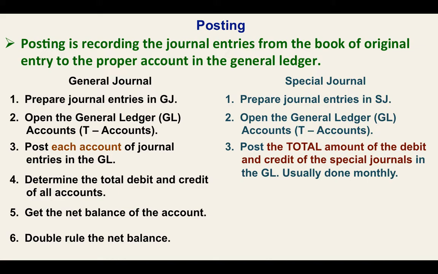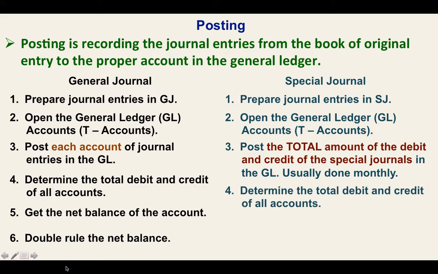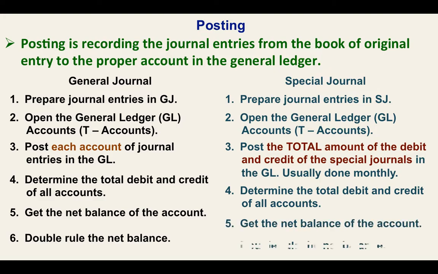However, the posting remains, each account is being posted sa computerized system. Number four is determine the total debit and credit of all accounts. It's the same thing. Number five, get the net balance of the account. It's the same. And double rule the net balance. So basically, ang difference lang yan will be on number three. And of course, number one, because you have to do the journal entries in special journal.